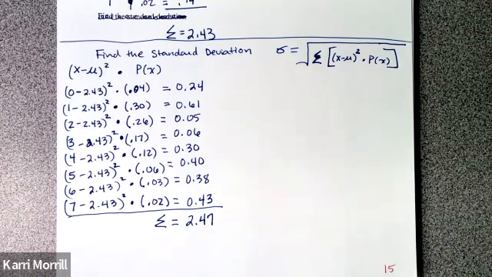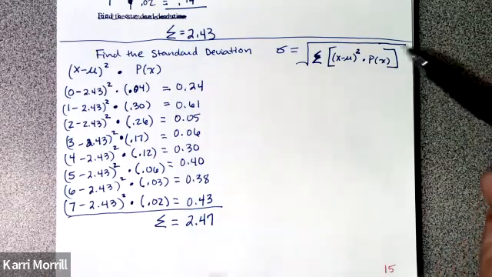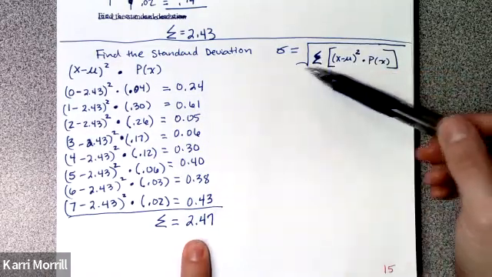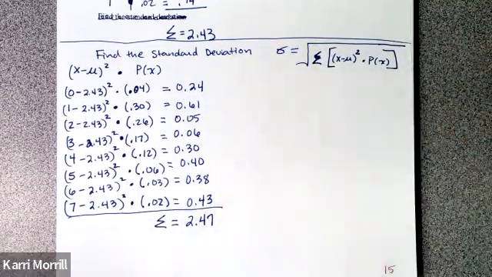Okay, so when you sum all those up, we get 2.47. So what we're going to say is on any, oh, we're not done though, right? We summed those up. Now we have to take the square root of that. So I usually do that with a different pen color. I can't find my pen color.